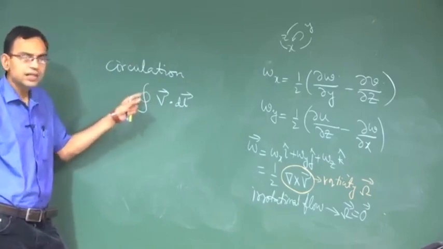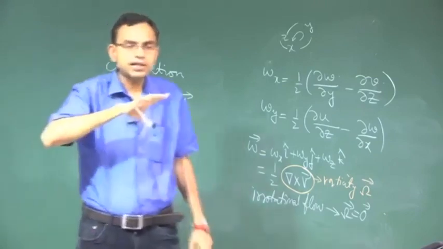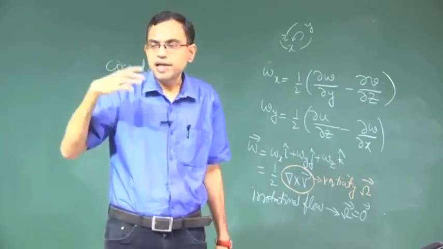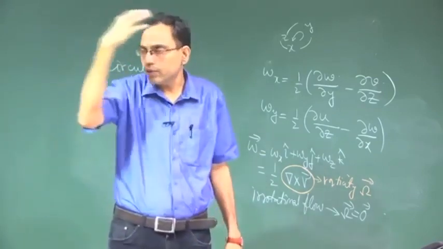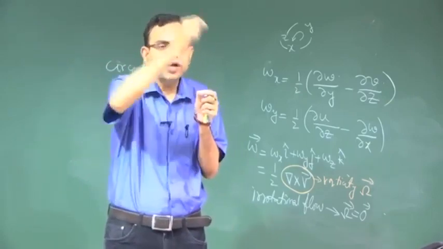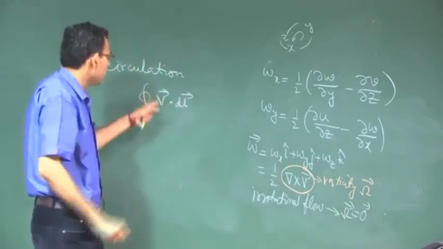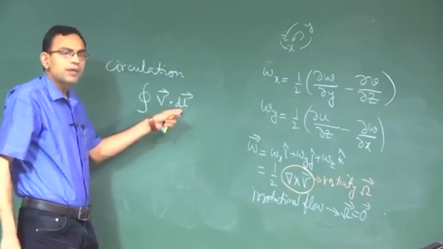This integral essentially means that you take a closed contour and follow a certain direction, the standard traditional direction being anti-clockwise, and then you come back to the same point from which you started. That is how you form a closed loop. Along the closed loop you perform this integral.